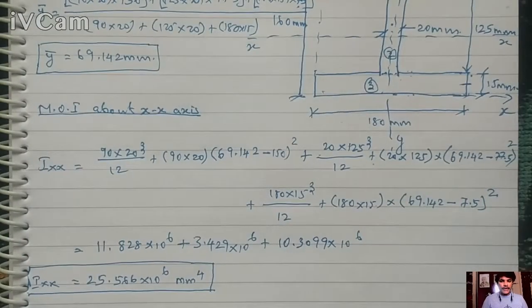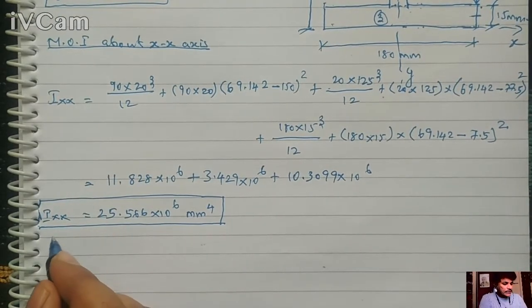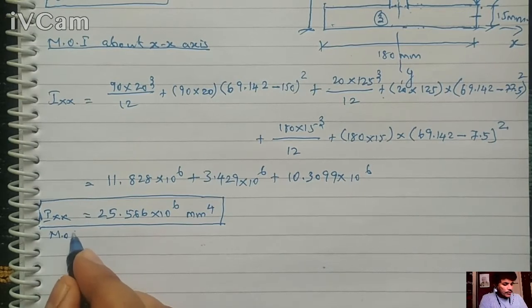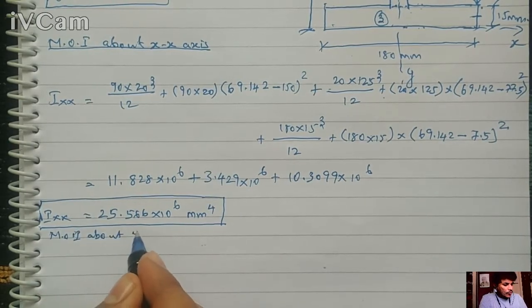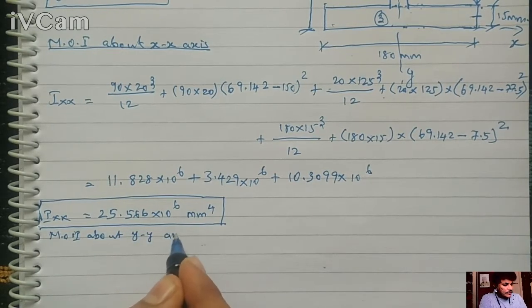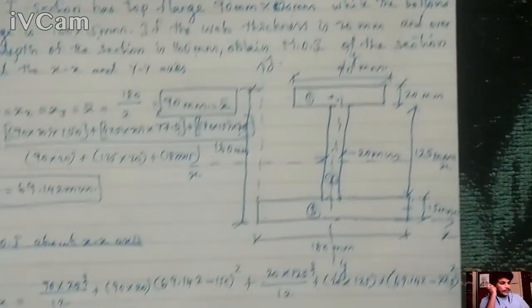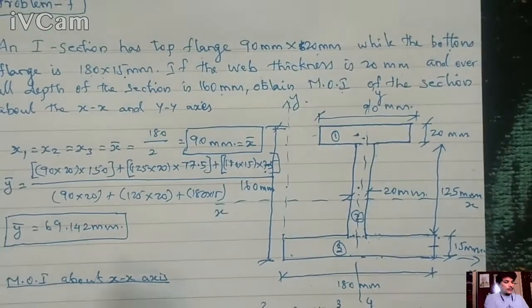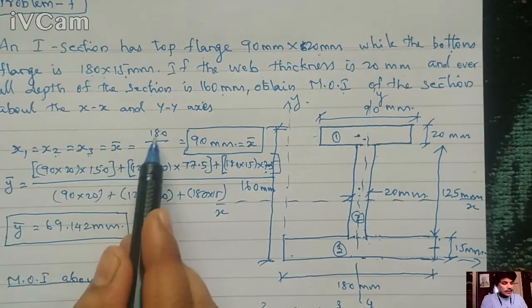Right. So next I am going to calculate the moment of inertia about YY axis. Here, see the problem. We already mentioned x1 equal to x2 equal to x3 equal to x bar equal to 180 by 2.